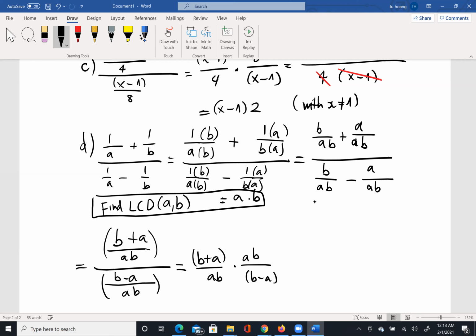Okay, and you see that you can right away cancel a b over here, right? They are common factors. So then you just have b plus a over b minus a. So that's the simplified form.